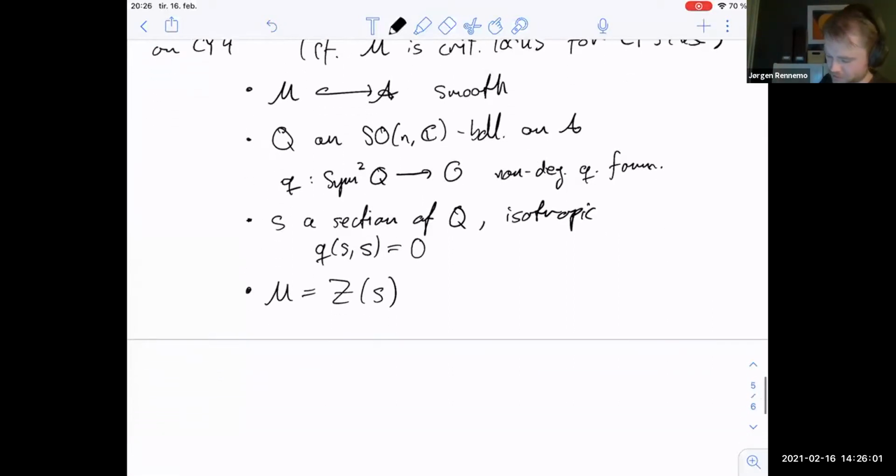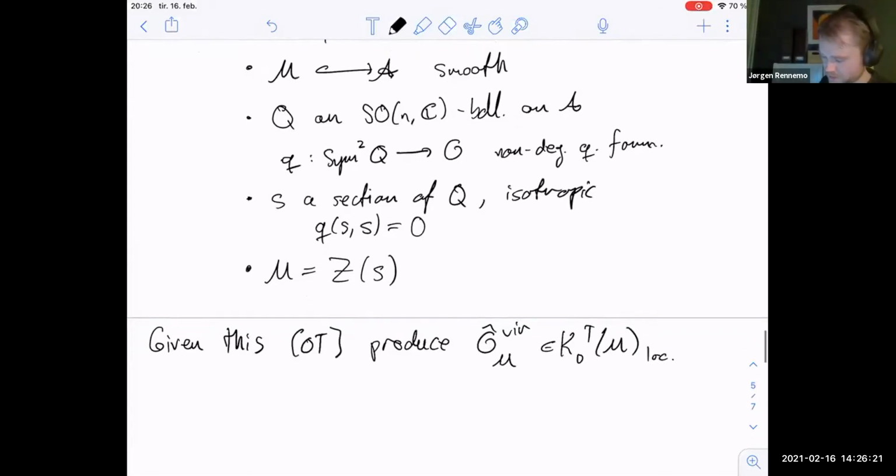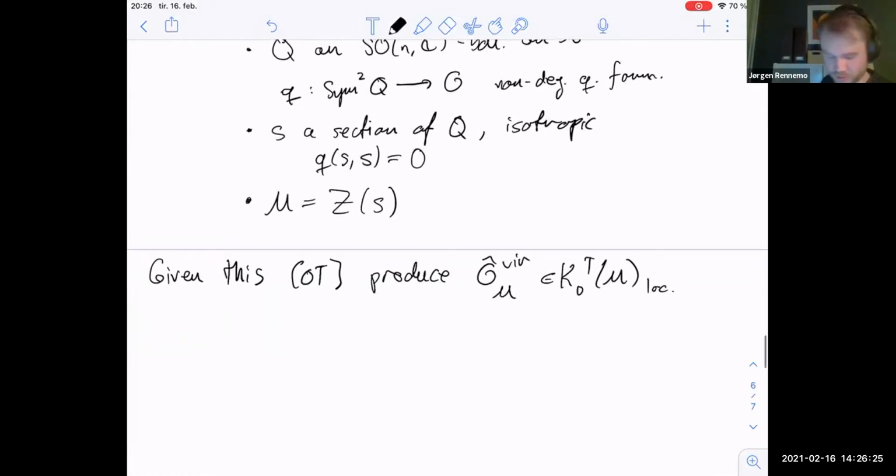Given this, Oh–Thomas produce something living in K-theory. There's some localization involved, but it's not too important. And here they can only produce the symmetrized thing. The unsymmetrized thing doesn't actually exist.